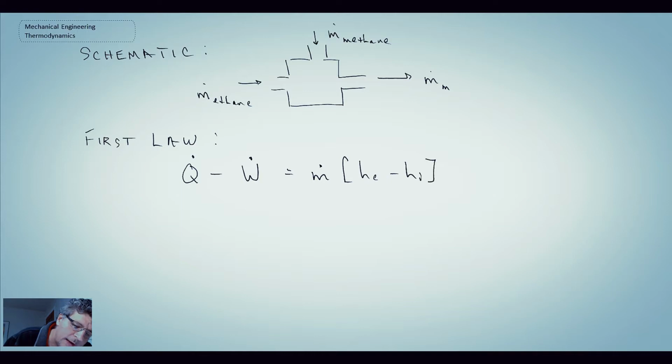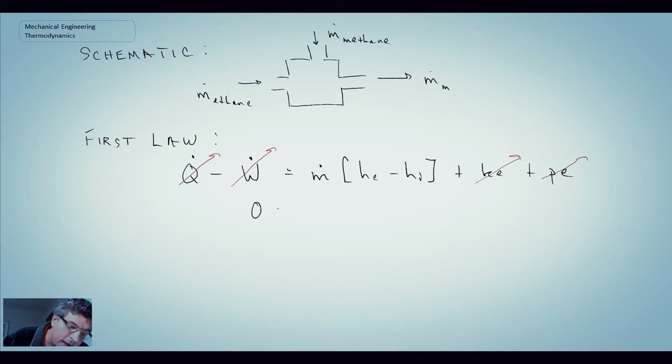Now we can neglect kinetic and potential energy. They're not changing, and we have no information on them, so we neglect those. We were told that it was an adiabatic mixing chamber. Mixing chambers do no work, so those two terms disappear.